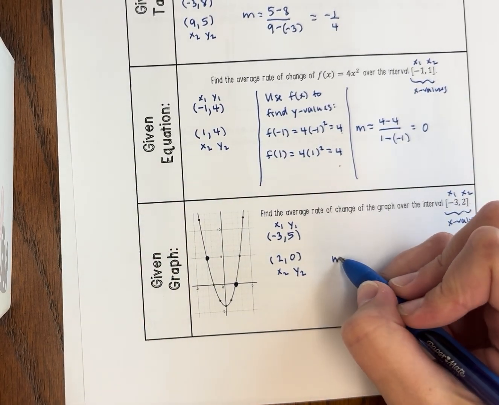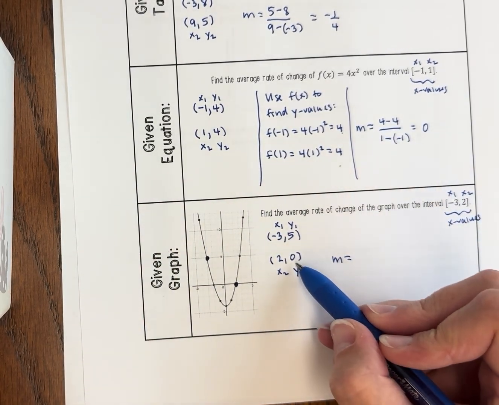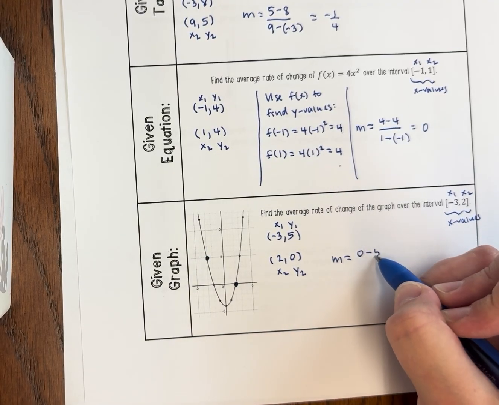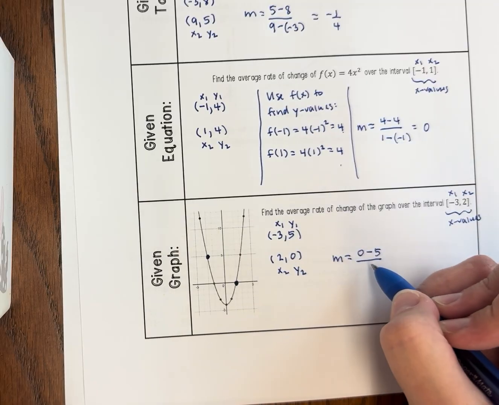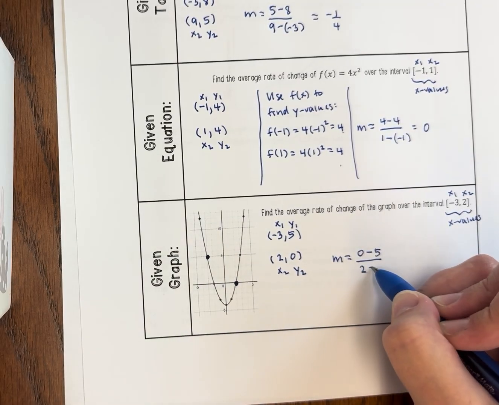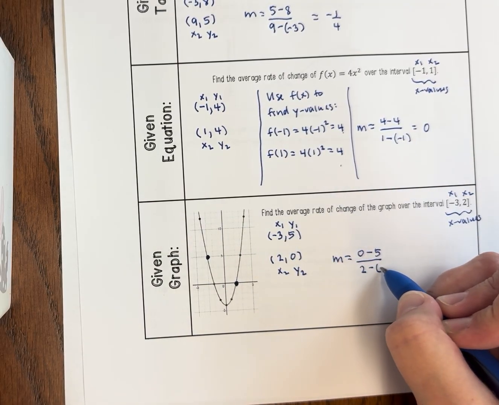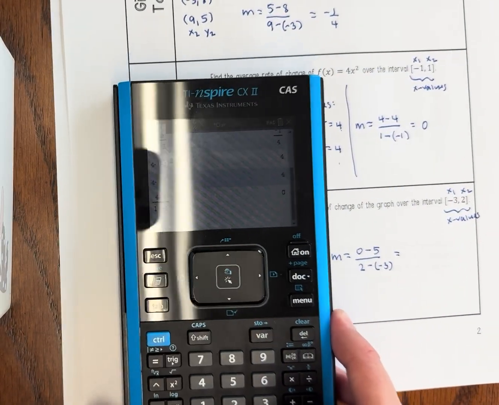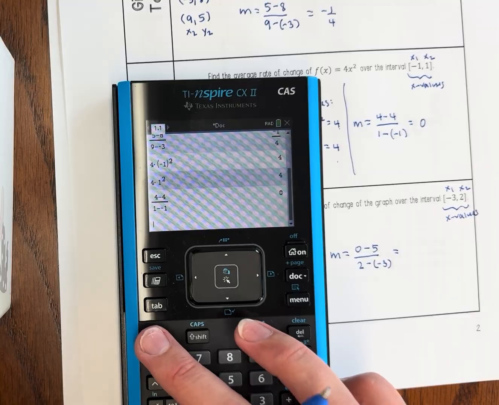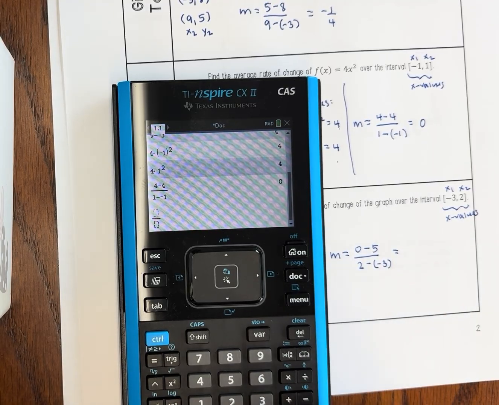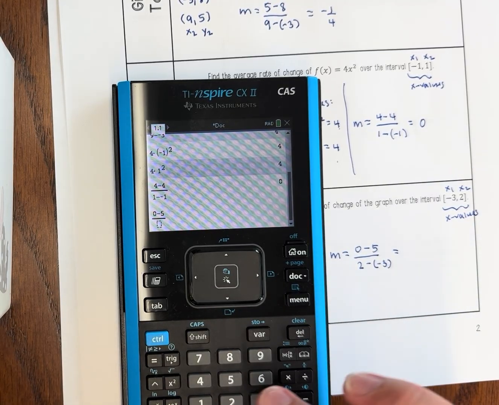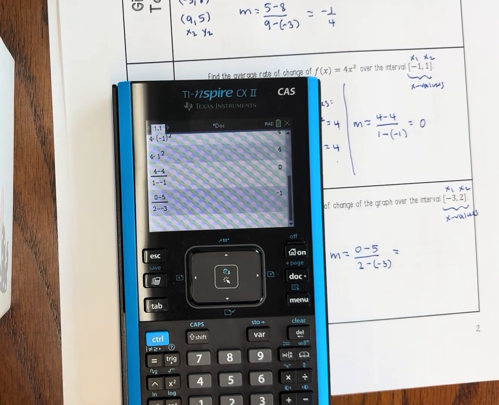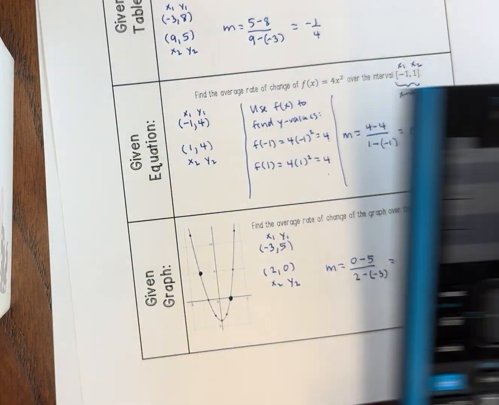So now I'm going to do the slope. y2, which is 0, minus y1, which is 5, over x2, which is 2, minus x1, which is negative 3. So I'll have 0 minus 5, and then 2 minus negative 3. So negative 1 for our final answer.